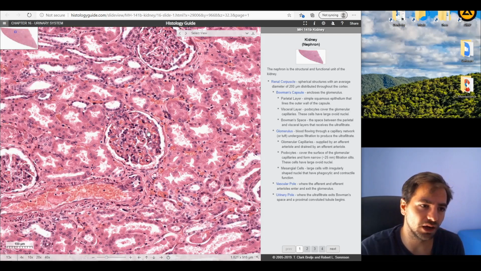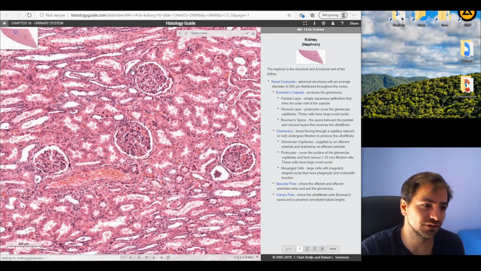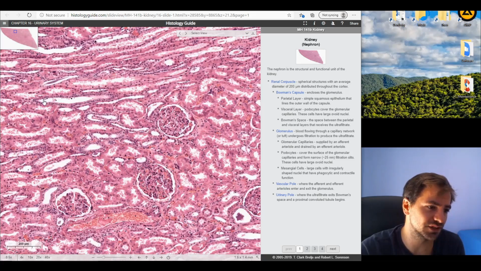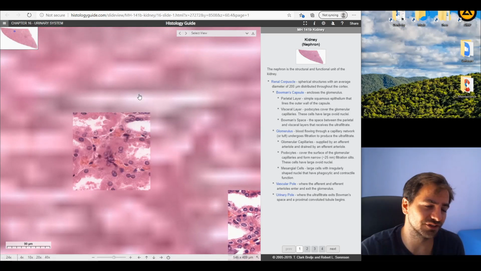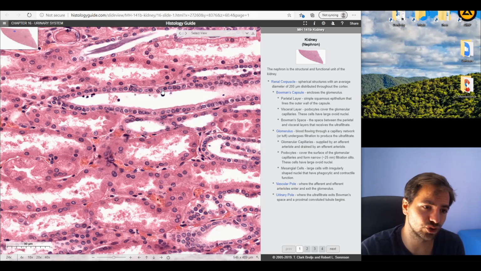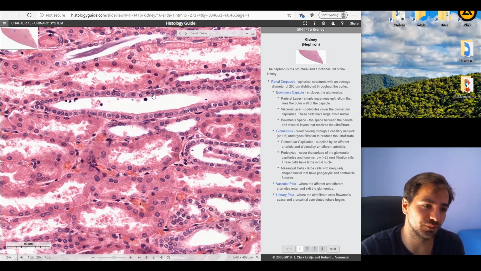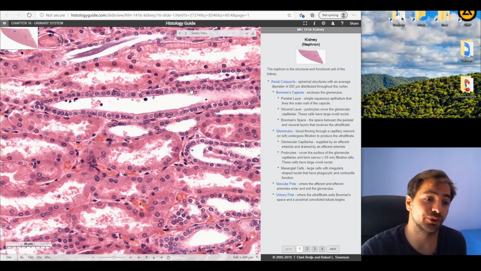Now let's try to find a collecting tubule. There it is, there we have it. This is a very nice example of the collecting tubule. Again, we're going to find the very short, typical columnar cuboidal cells. Here we're going to find the two different populations, the intercalated and the principal cells.